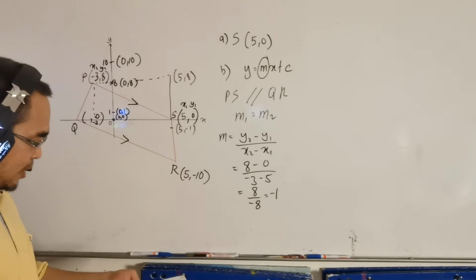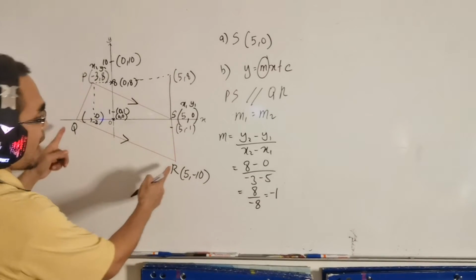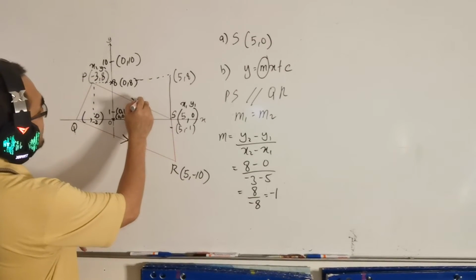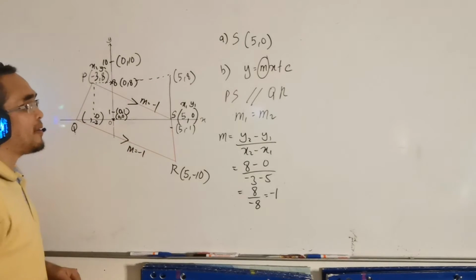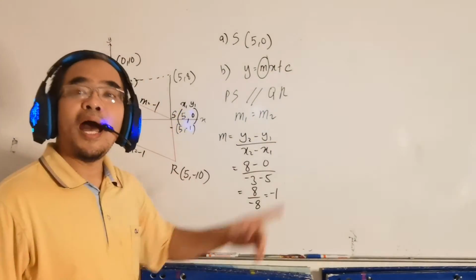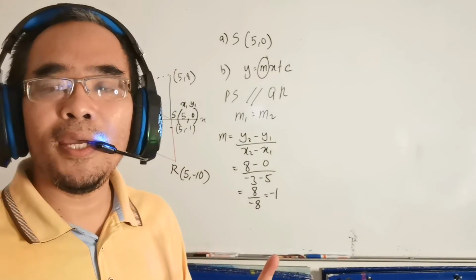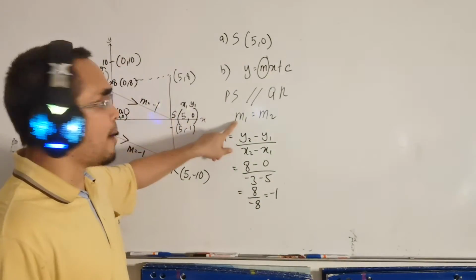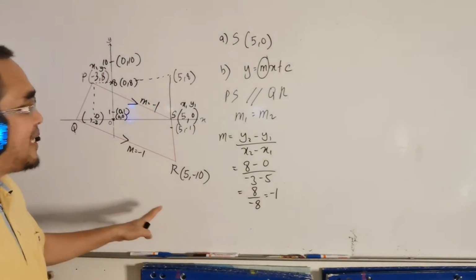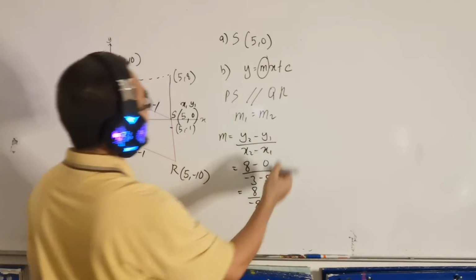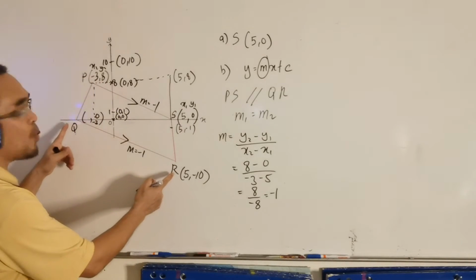The question is asking for the equation of the straight line QR. The gradient here is negative 1. If two lines are parallel, do they have the same equation? No, only the same gradient. That is m1 equals m2, not the equation. So we have to find c. How to find c? You substitute the gradient and a coordinate on the line QR.